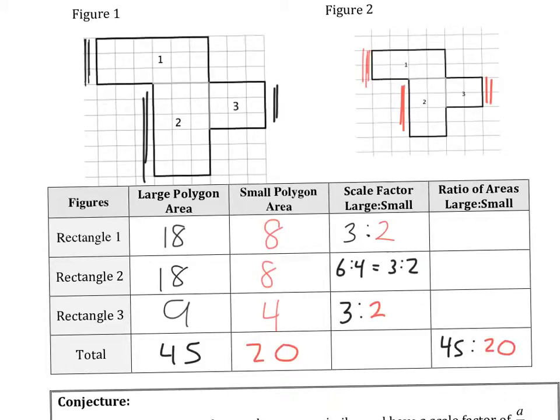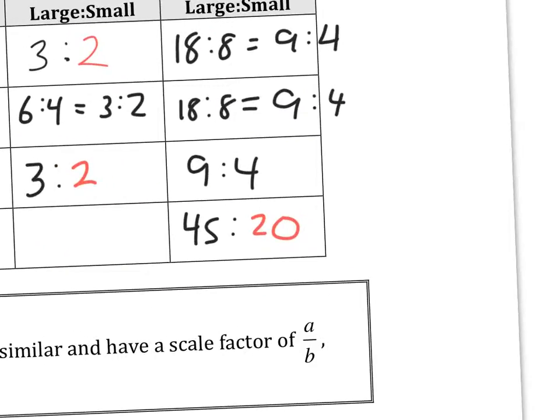Now when we compare the areas, this is 18 compared to 8, which reduces to 9/4, or 9 to 4. The same thing here, 18 to 8, is also 9 to 4. And the last one does reduce, to be 9 compared to 4.